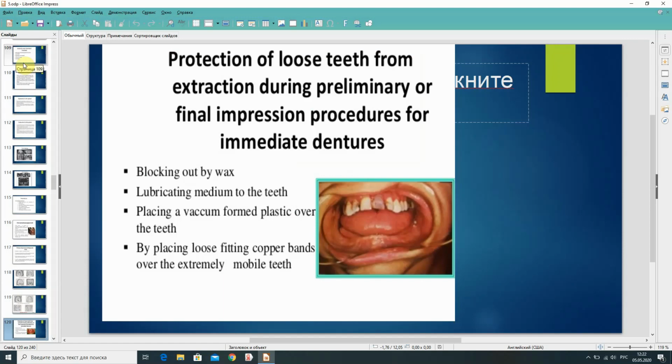Protection of loose teeth from extraction during preliminary and final impression procedures for immediate dentures: blocking out with wax, lubricating the teeth, placing a vacuum-formed plastic over the teeth, or placing loose-fitting copper bands over the extremely mobile teeth.